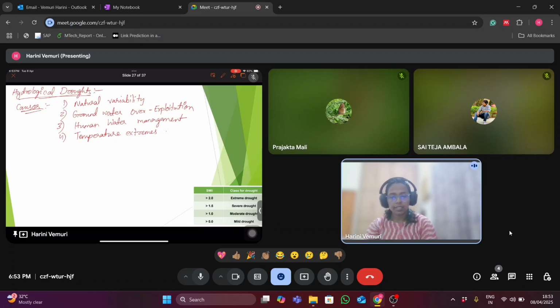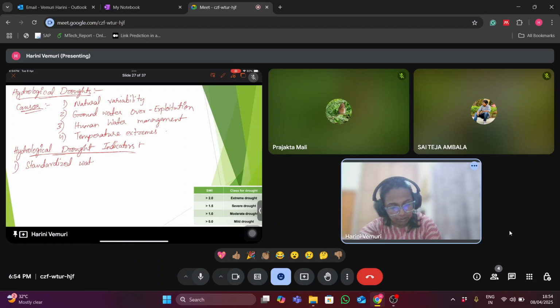So we have seen what hydrological drought is, and now we will look into hydrological drought indicators. The first one is the standardized water level index, written as SWI, and it is used mainly to assess the groundwater recharge deficit.